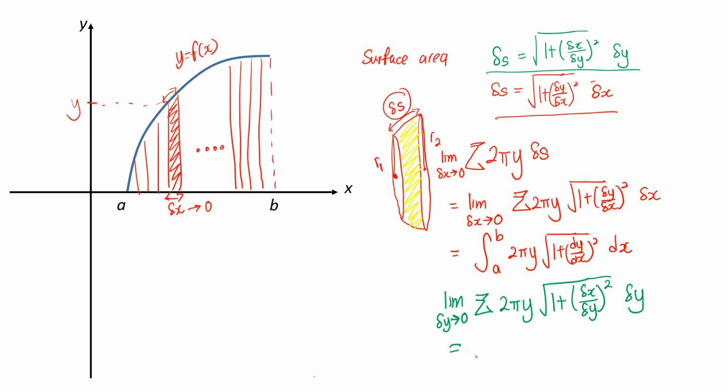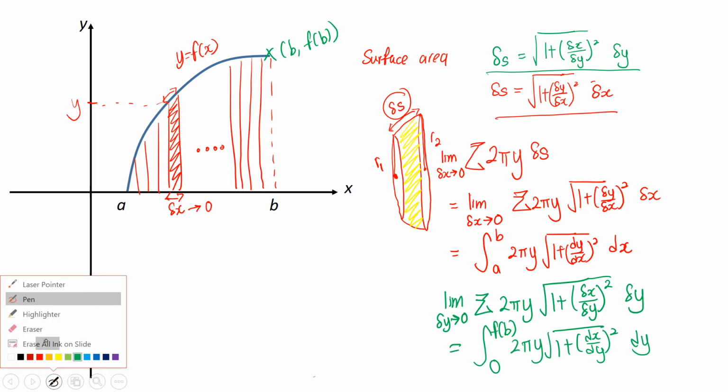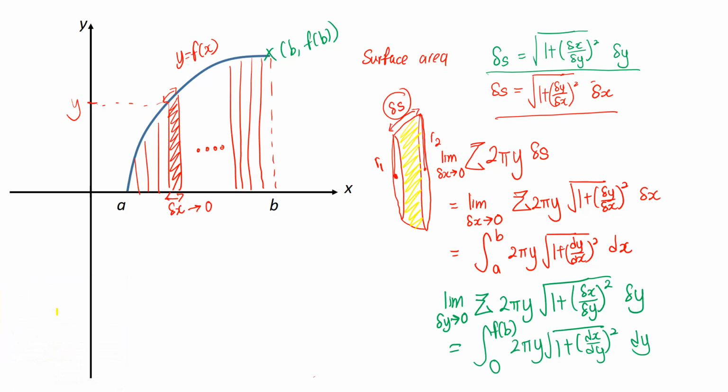This is equivalent to integrating 2 pi y square root of 1 plus (dx/dy) squared, dy. Since I'm integrating with respect to y, my limits must correspond to the y values, so from 0 to this point, (a, f(b)), so to f(b).